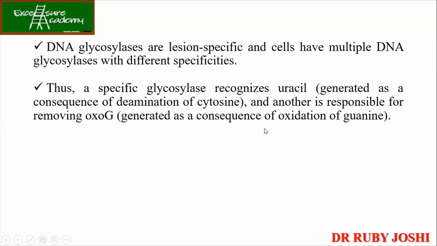Of course, it is a consequence of oxidation of guanine. Remember oxidation of guanine, what will happen then? And OXO-G, okay, I can't recall the full name. Then do you remember what it can base pair with? So it should base pair with C, but instead of that, it will base pair with dash.